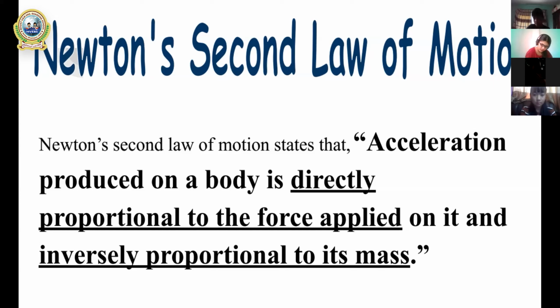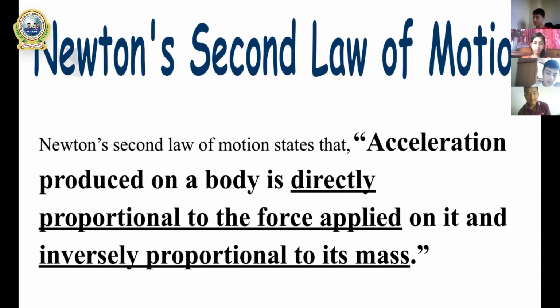Now Newton's second law of motion gives the formula for finding the force, and that formula, students, is F equals ma. That means the force applied on a body to change its position depends on two factors: one is mass, and another is acceleration.